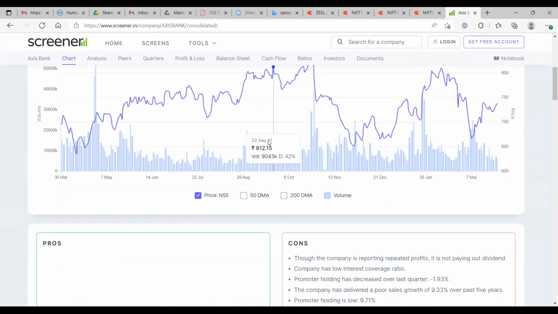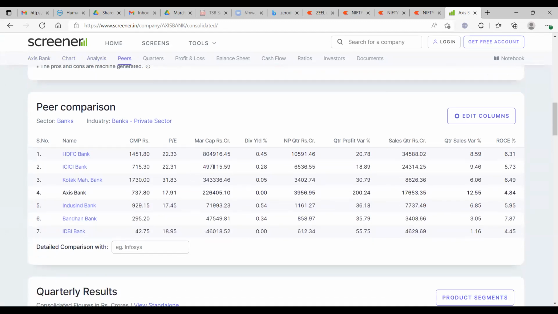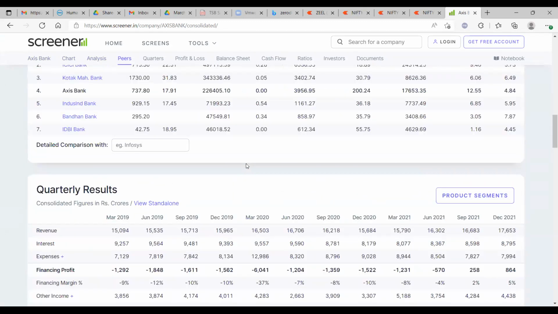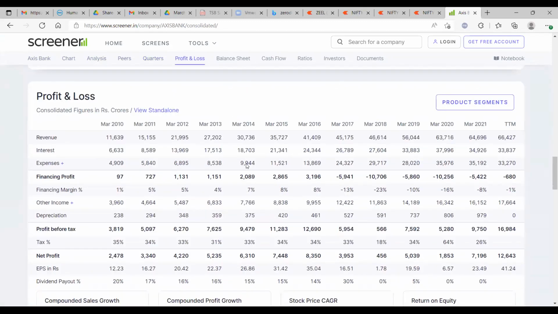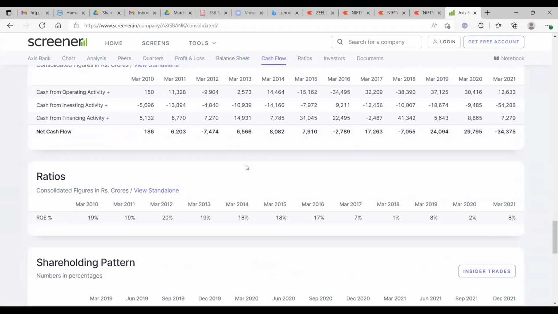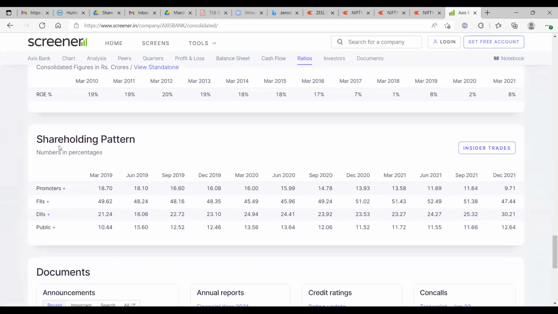How is the performance? And then there is a quarterly result, profit and loss, balance sheet, whatnot. What we are interested in here is the shareholding pattern. Who are the investors here? Can you see here? Foreign institutional investors and domestic institutional investors.